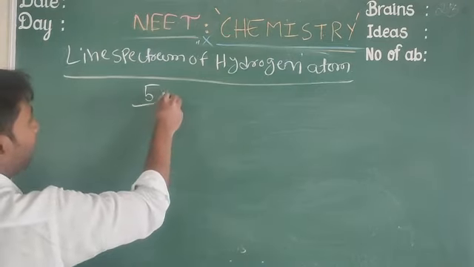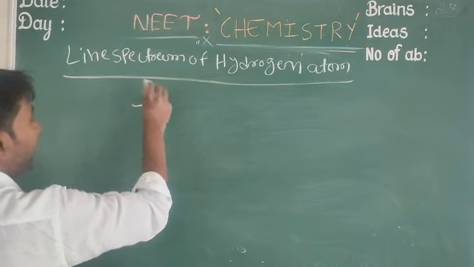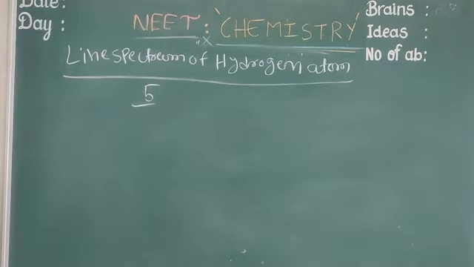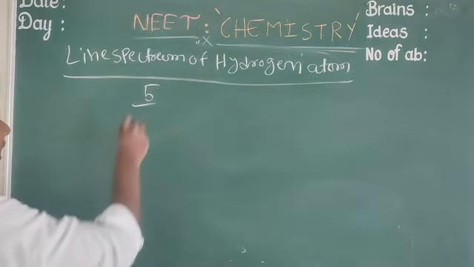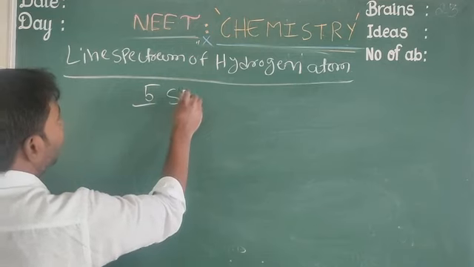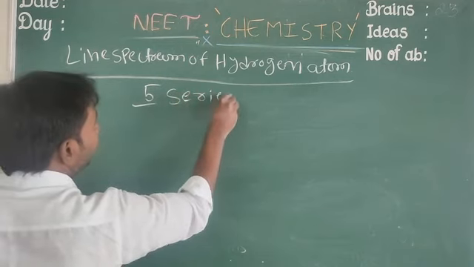So, hydrogen spectrum, if you observe in a spectrometer or on a screen, we have 5 series of lines.